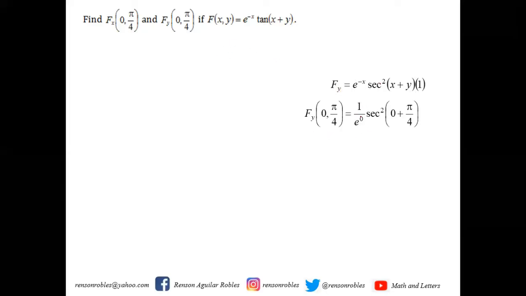So we shall have 1 over e to the 0, secant squared 0 plus pi over 4, and then 1 over e to the 0 is 1, and then we are only left with secant squared pi over 4. And we know that this is equal to the square root of 2 to the second power, and this is equal to 2. Therefore, f sub y at 0, pi over 4 is equal to 2.